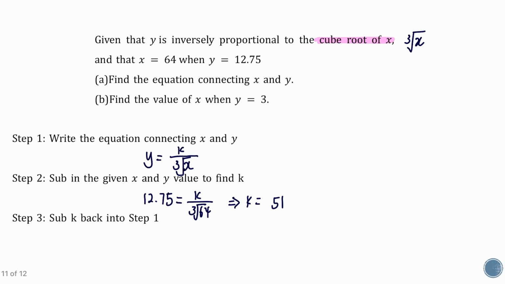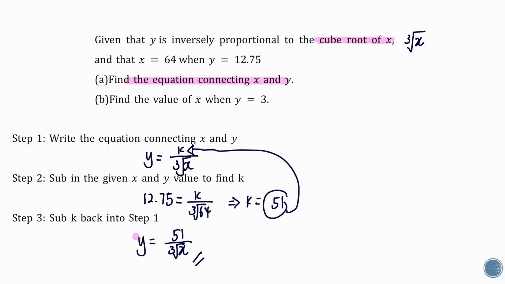After you solve for the value of k, remember to substitute this back into your first step. So y will be equal to 51 over cube root of x. This will be the equation connecting x and y. We don't want the equation connecting x and y to contain k.